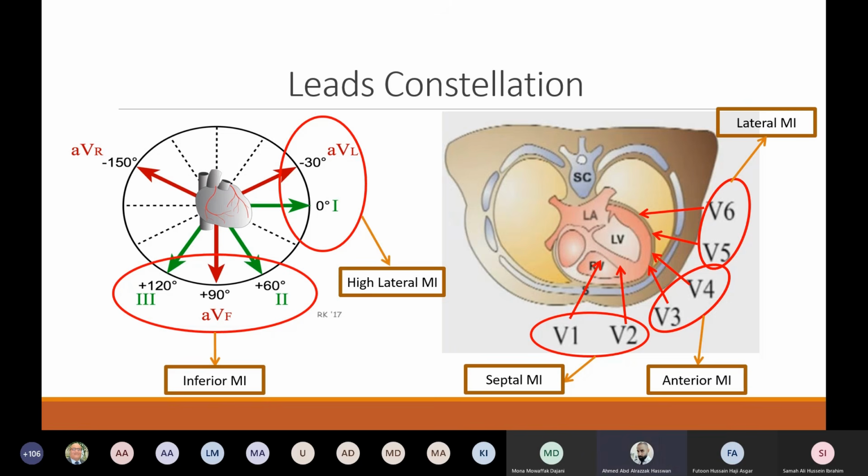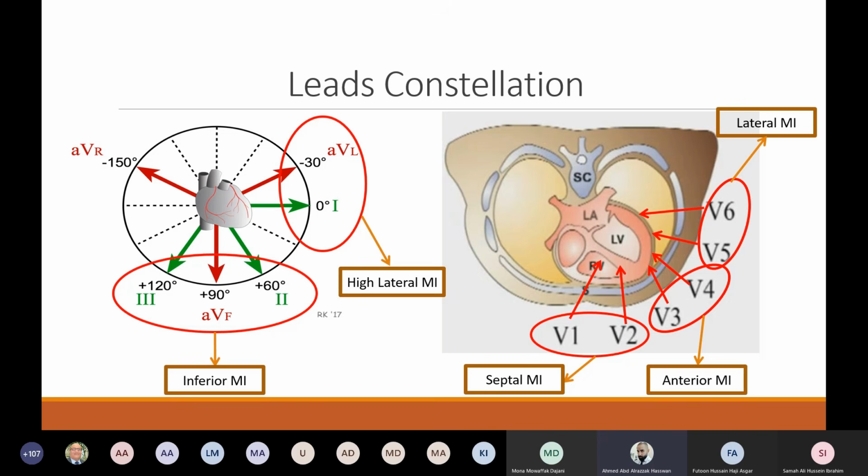Now the chest leads, from V1 to V6, look at the heart in a cross-sectional, or axial, way. V1 and V2 look at the heart septum. V3 and V4 look at the anterior wall of the heart, mainly the left ventricle. And then V5 and V6 look at the lateral wall. And if you go back to lead 1 and AVL, again, they look at the lateral wall of the heart.